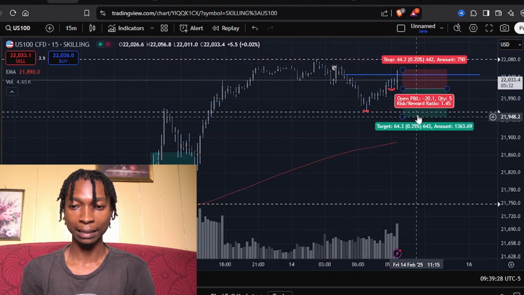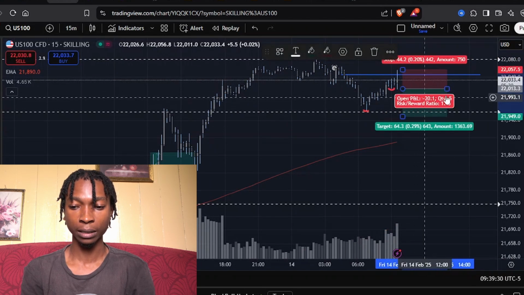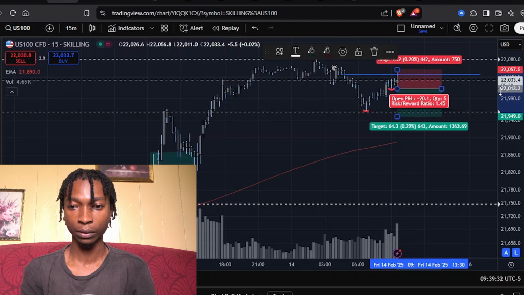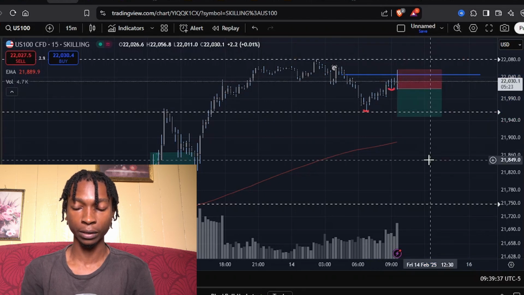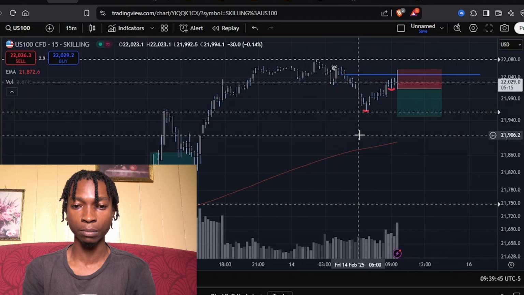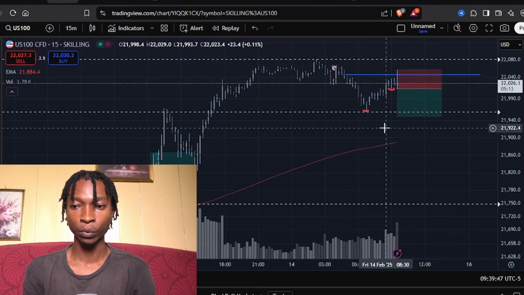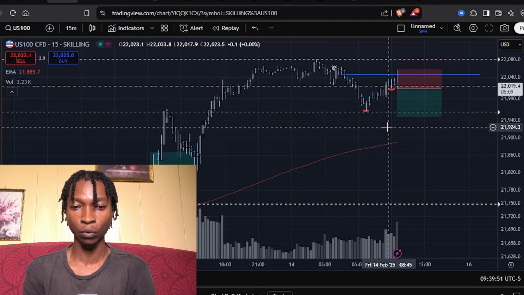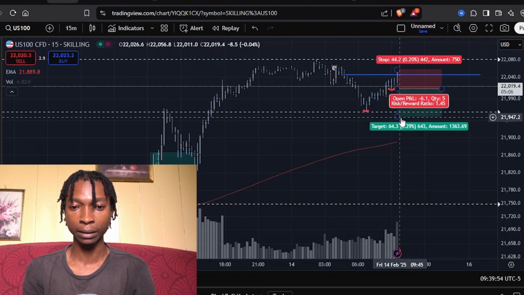But at this point, since we are still against the trend, I don't want to go in for crazy distances when we could just be on a slight retracement for a push higher. So let me see how price is gonna react once we get down there. It's possible that we come all the way down here. All right, but let's see.